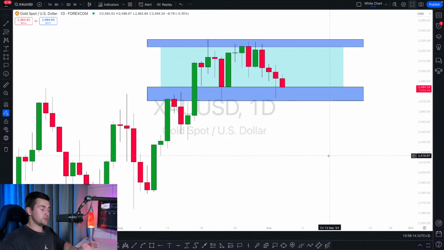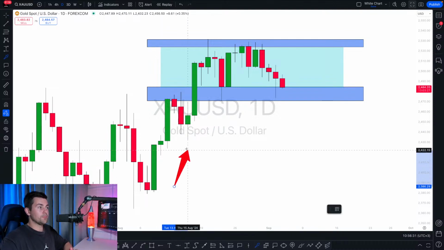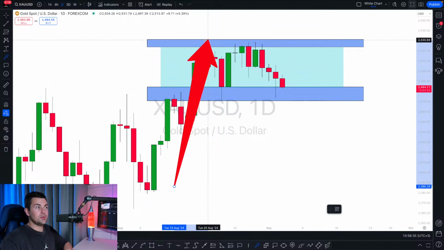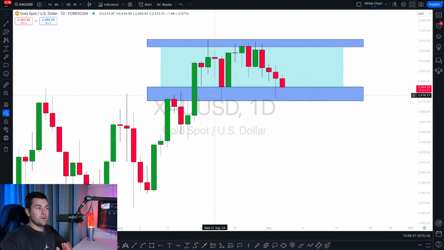Because that range clearly shows that the market is now weak, that for now buyers lost the momentum. Even though previously we saw a strong bullish sentiment on the market, once we updated the all-time high, the momentum started to slow down and we started to trade within that horizontal range.